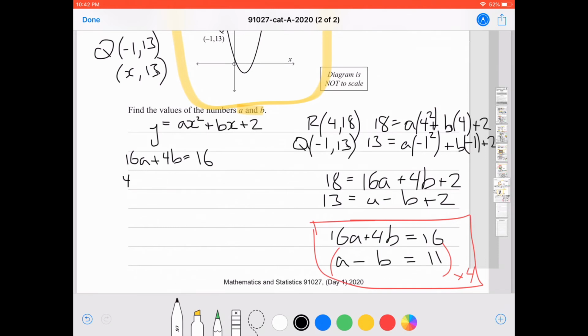So it becomes 4a minus 4b equals 11 times 4, which is 44.